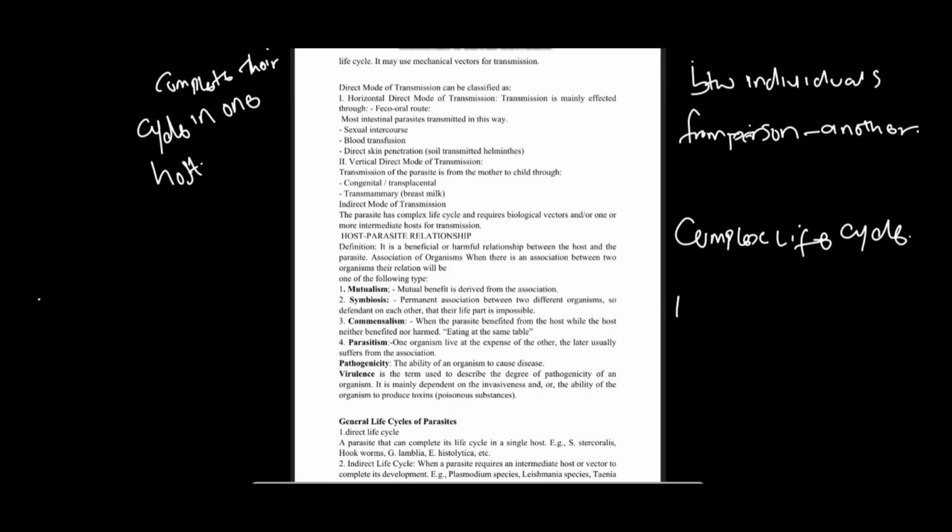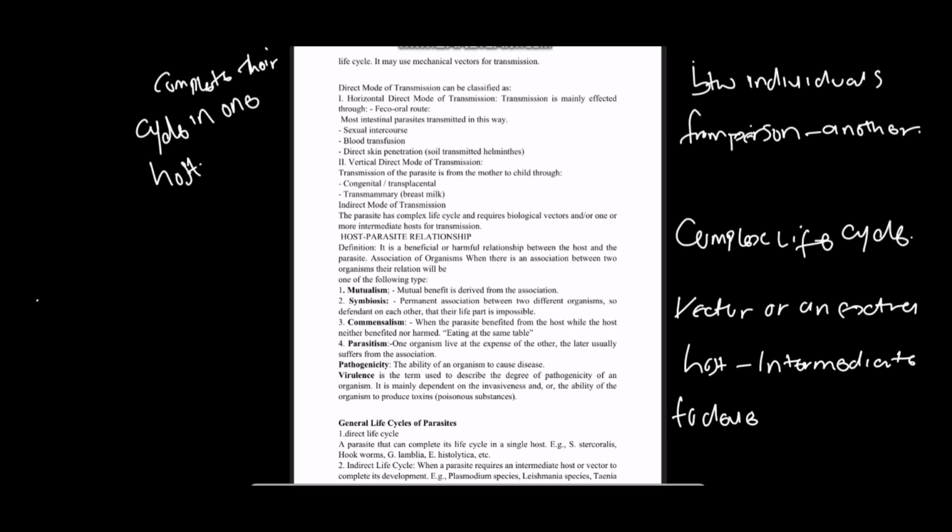It needs a vector or an extra host, which is known as the intermediate host, in order for it to develop.